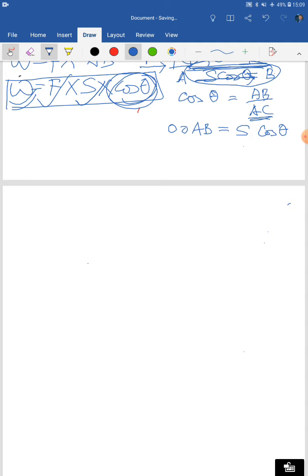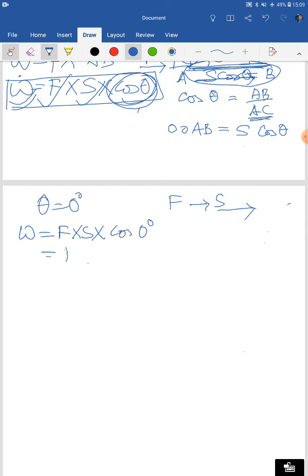So if theta is 0 degree, that's the angle between the displacement and the direction of force is 0. This is possible when both force and displacement are in the same direction, theta becomes 0. At that time W equals F into S into cos of 0 degree, and you know cos of 0 degree means 1, so F into S into 1.